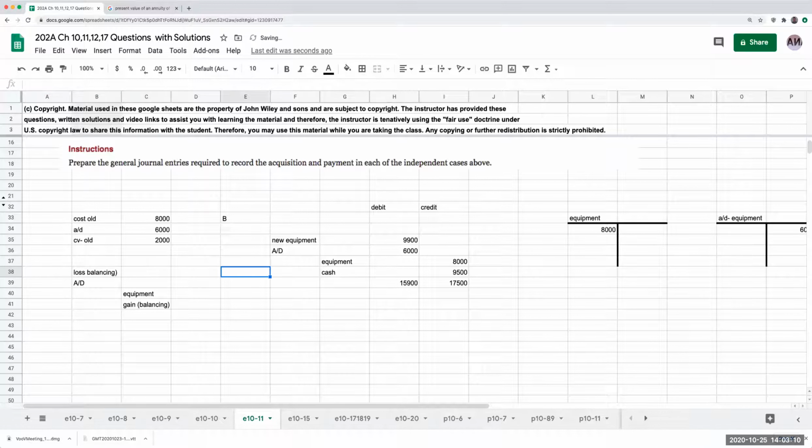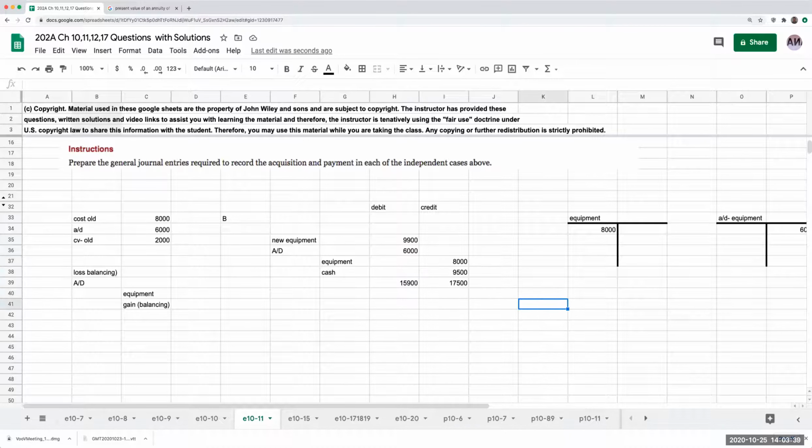Okay, so right over here, the problem is that the book is showing you that the new equipment is 9,900. What the book is trying to say is that the real true cost of the equipment is going to be the cash plus the value of what's been given up, or this 2,000 book value, which is really 400.